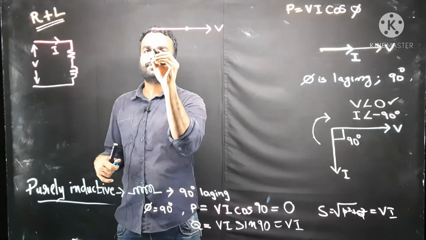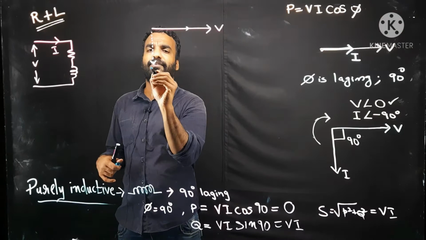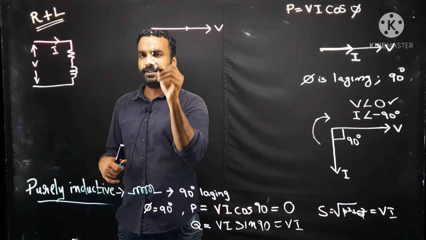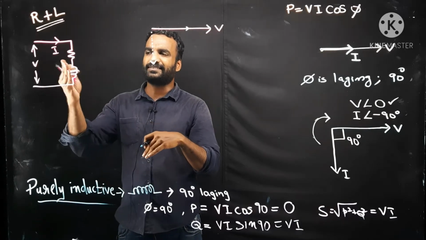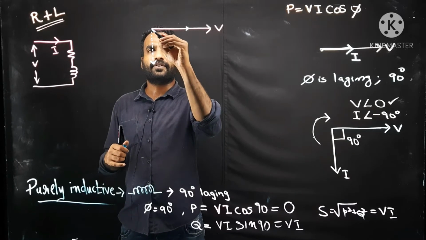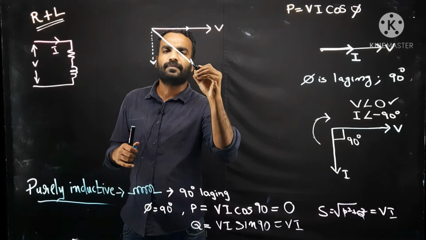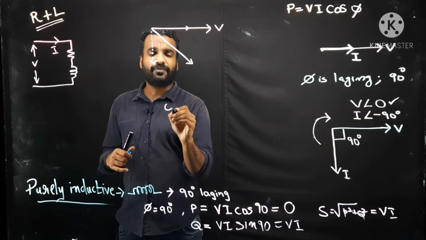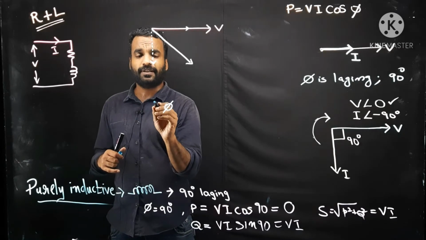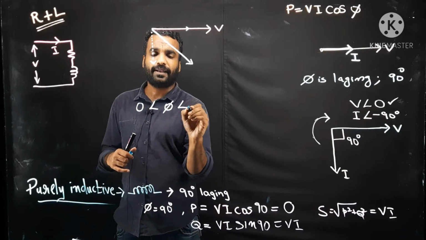If it is purely inductive, the current will be 90 degrees out of phase. So if it is a mixture of resistance and inductance, the current will be lagging, and the angle will be between 0 and 90 degrees.